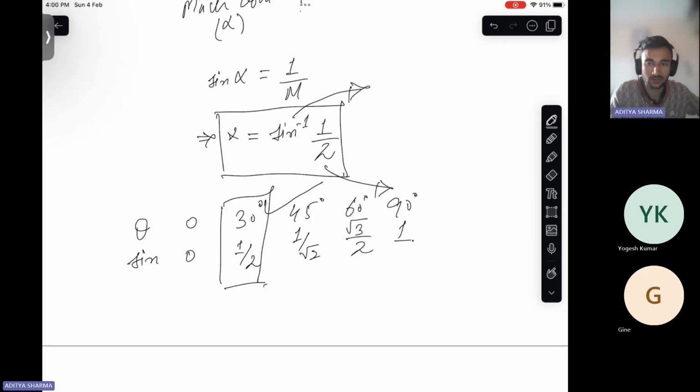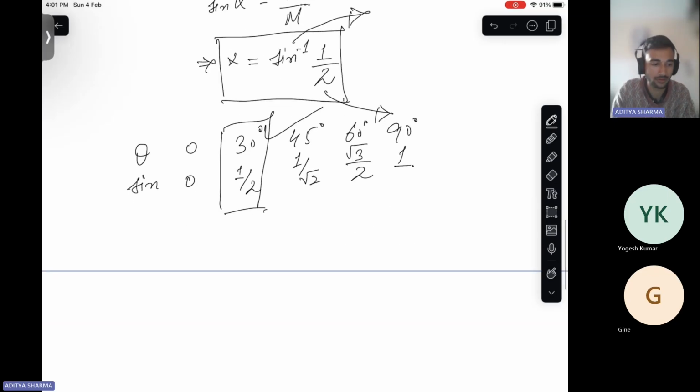While you're using the calculator, you need to be sure whether you are proceeding with your answers in radian or in degree. So you need to configure your calculator accordingly. Otherwise, mistakes can be there.